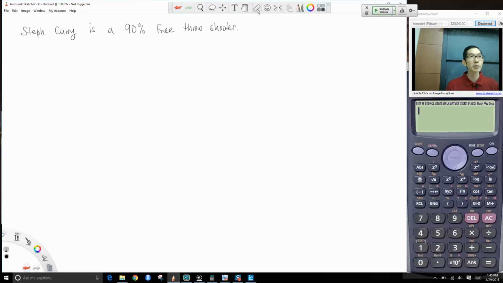It's probably actually a little bit better than that, but we'll say 90%. And we will assume each shot he takes is independent of each other, which may or may not be true, okay?